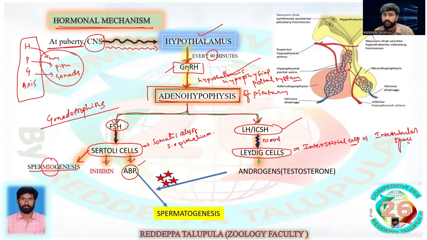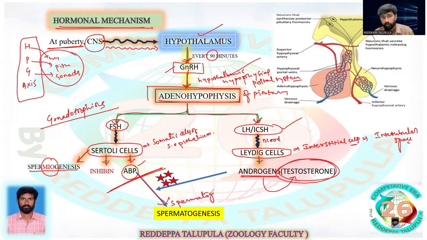Okay. Now these Leydig cells produce androgens. The chief androgen is testosterone. Now this testosterone, by binding to the androgen binding protein, enters into the spermatogonium and thus promotes the spermatogenesis. Okay. Keep it in mind.